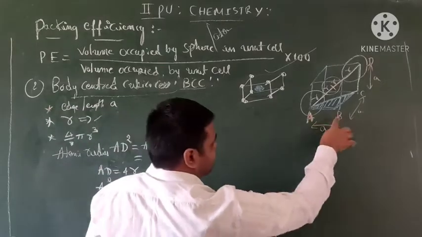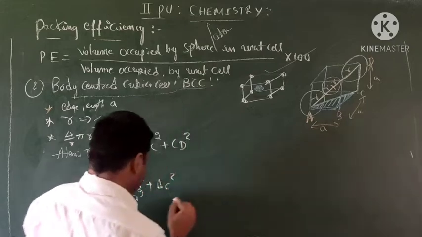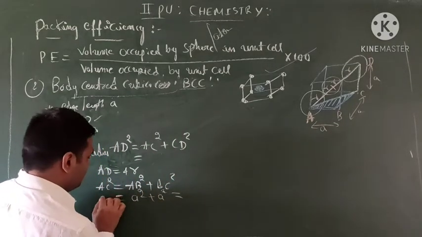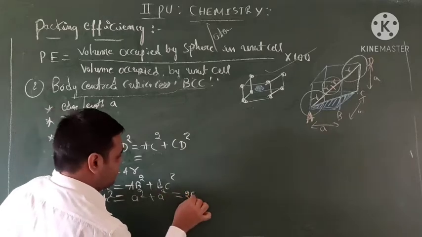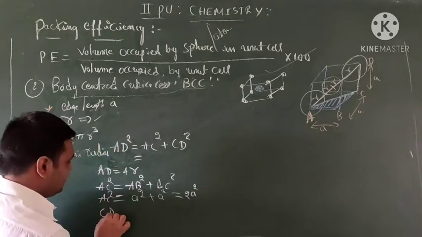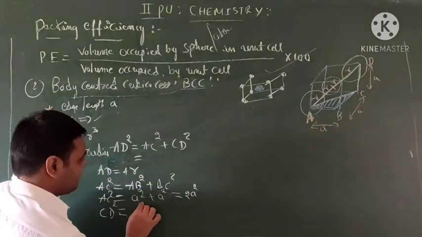AB is edge length a, BC is edge length a, so AC square is equal to 2a square. Lastly, CD. CD means a, so CD square is a square.